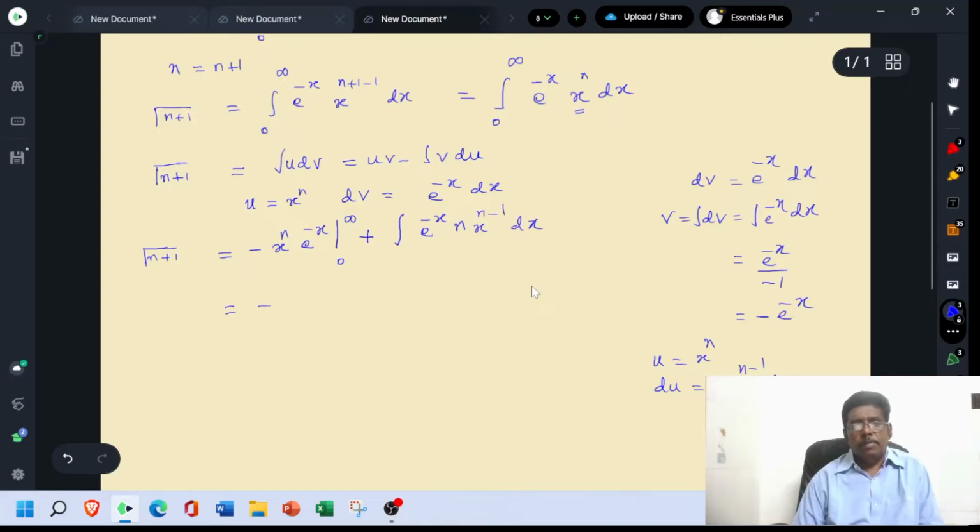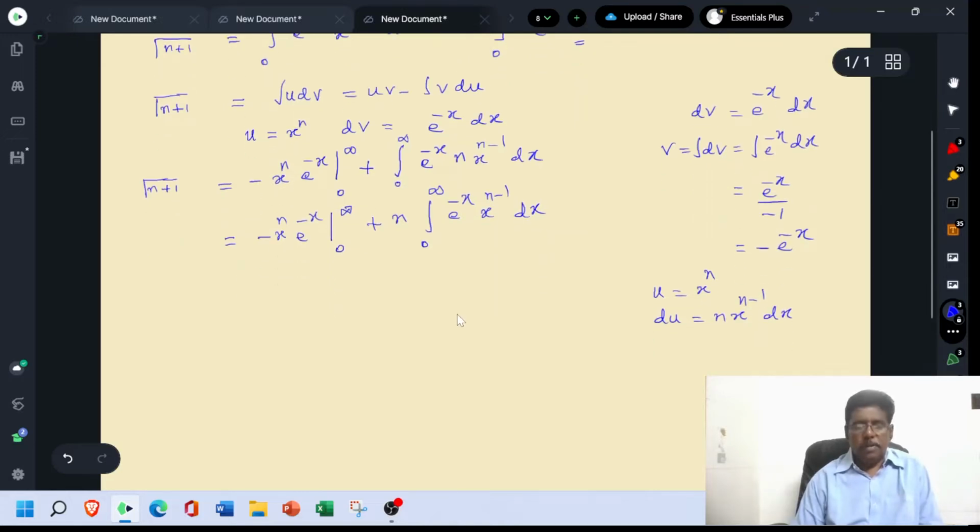This is equal to minus x power n e power minus x, limit varying from 0 to infinity, plus, taking this n outside, n into the integral from 0 to infinity, here also 0 to infinity, of e power minus x, x power n minus 1 into dx.